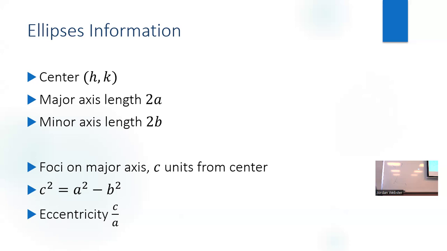And then there's something called eccentricity, which basically tells you something about how close to a circle versus how close to a parabola it looks like. In other words, how stretched out it is. The closer to 0, the closer to a circle we're going to have. The closer to 1, the more stretched out it's going to look.